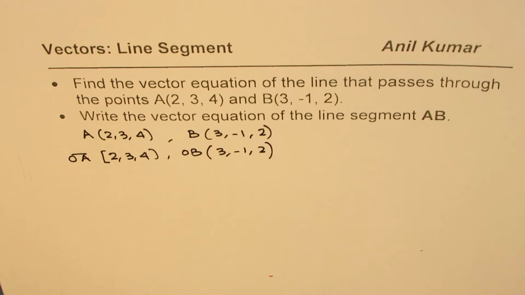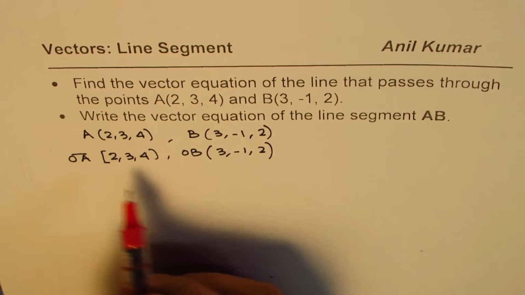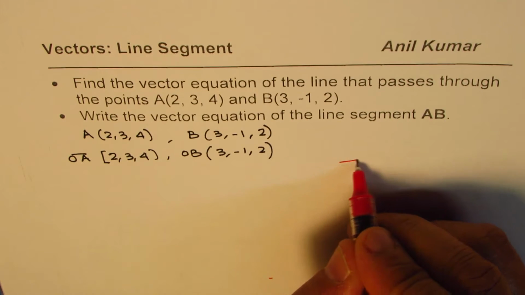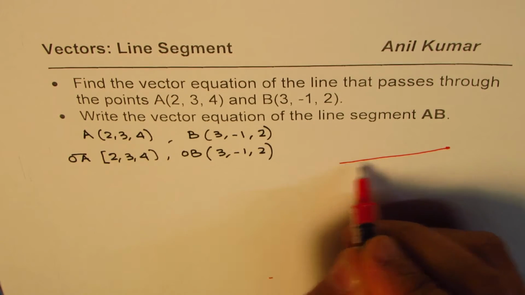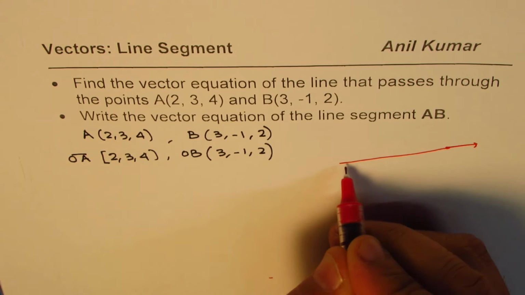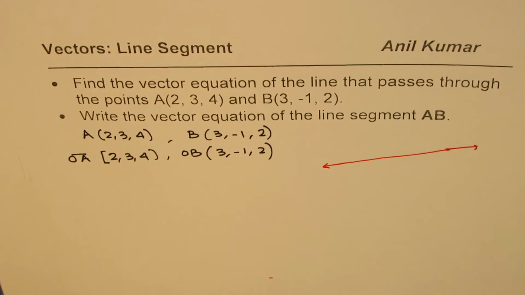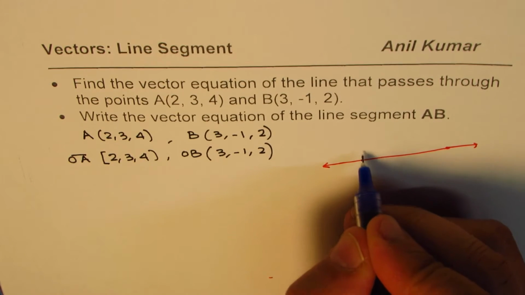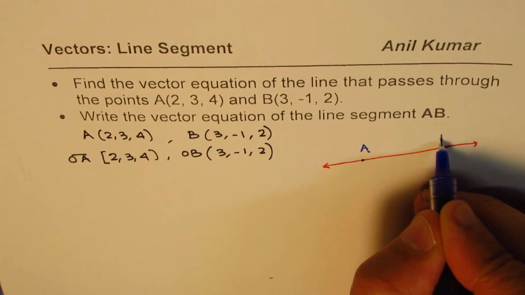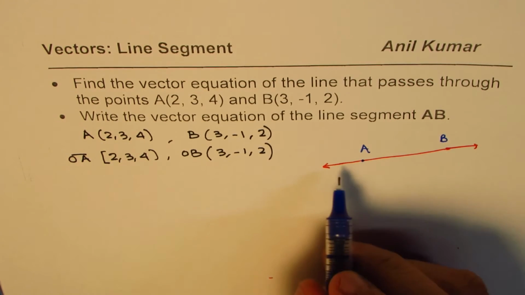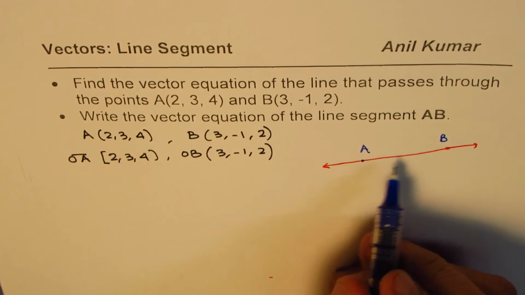Now between these 2 points, I'm not really sketching it, but let us say that these points A and B are kind of like this. This is not the true position, but just assume, okay?